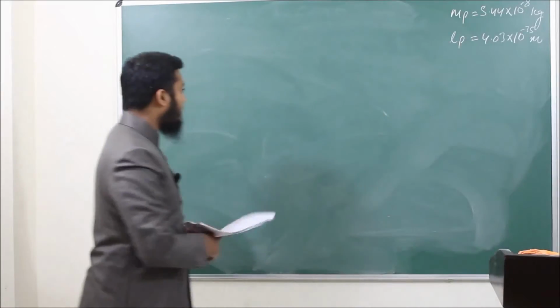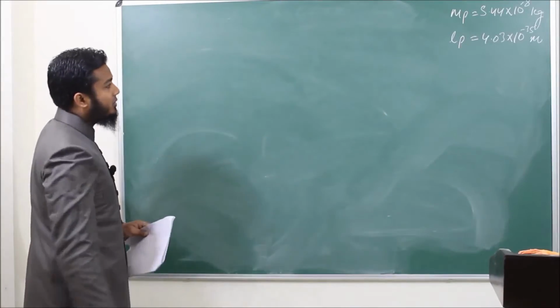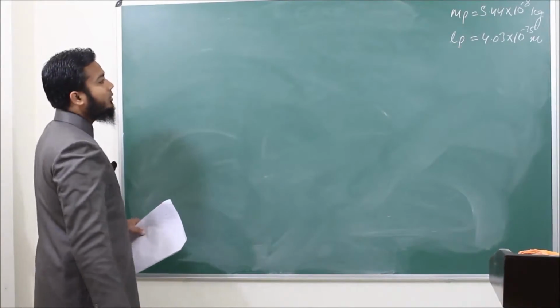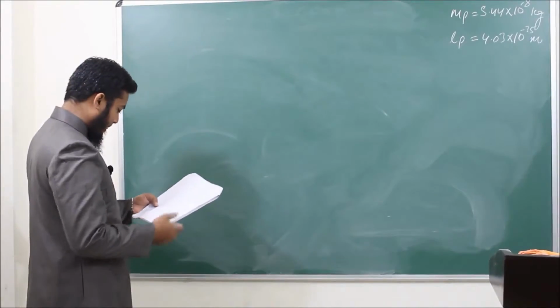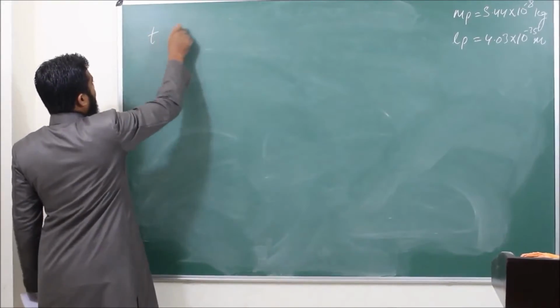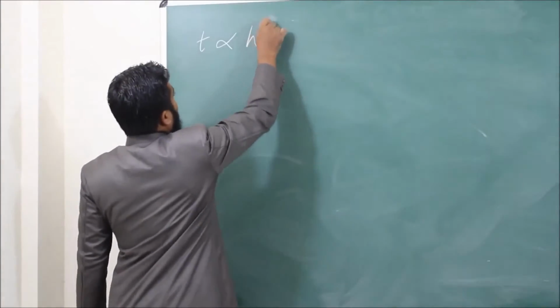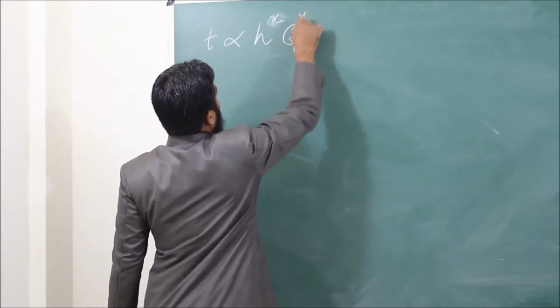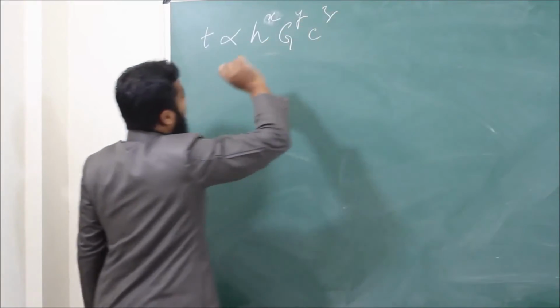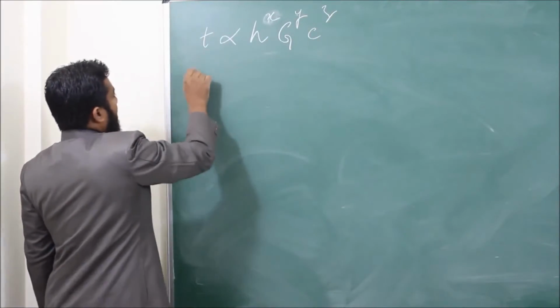Okay, so I hope you have understood the things and we can do it more quickly. Now we have to find time. So time, let's say, is directly proportional to h raised to the power x, G raised to the power y, and c raised to the power z. And dimensions on both sides should be the same.